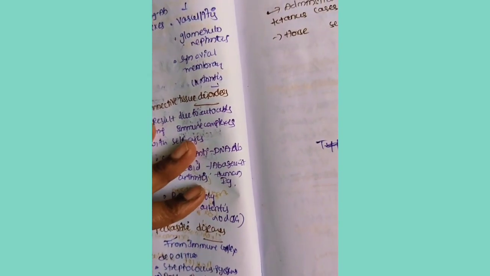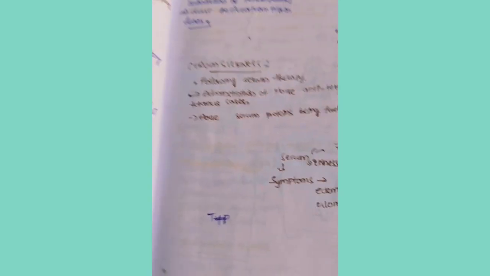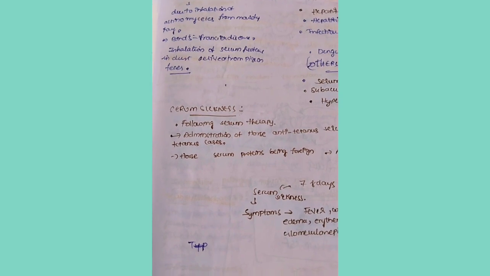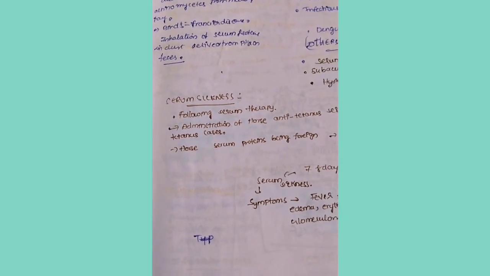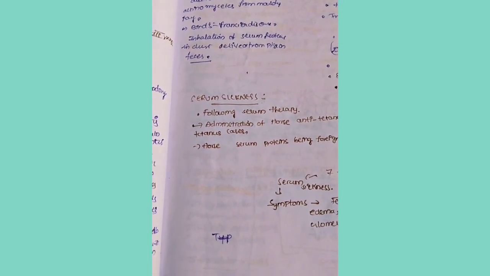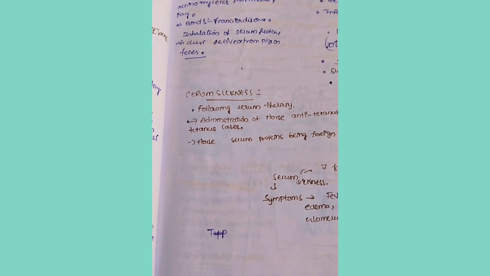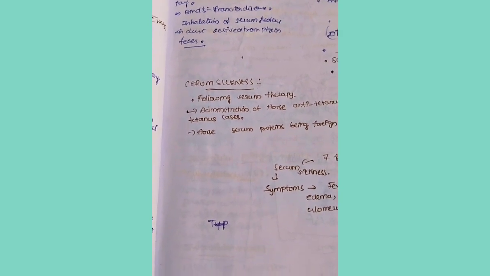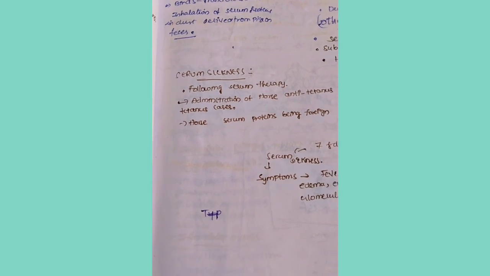Parasitic diseases result from immune complex depositions, as do Streptococcus pyogenes, post streptococcal infections, and leprae. Some examples: farmer's lung, due to inhalation of actinomycetes from moldy hay, and bird fancier's disease, due to inhalation of serum proteins in dust derived from pigeon feces.